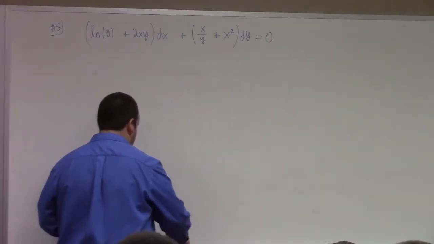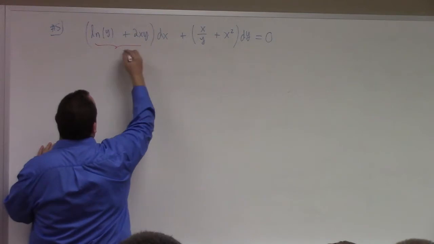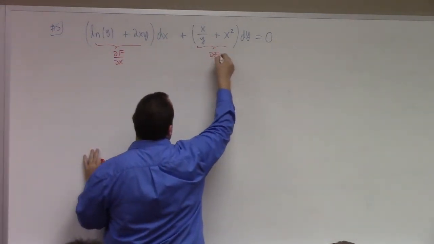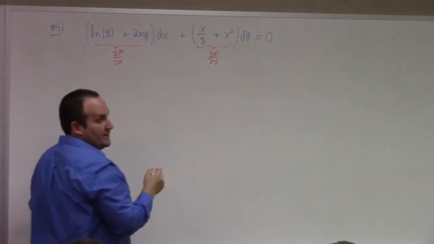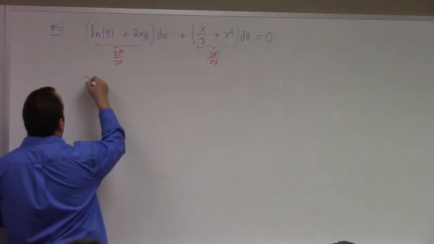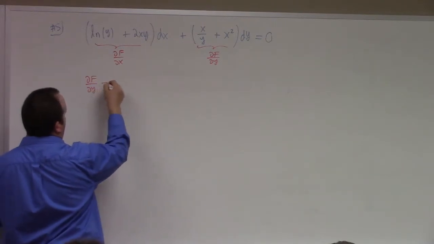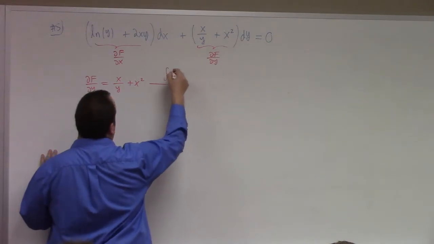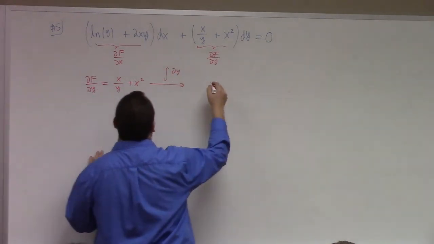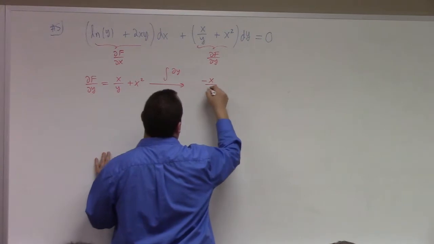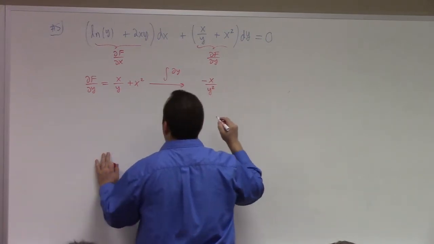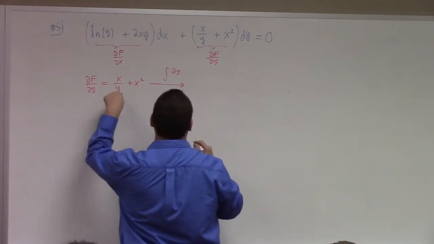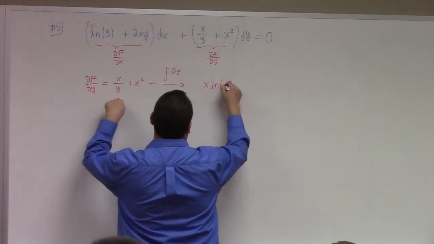Okay, so same song and dance. This is going to be partial f, partial x. This is going to be partial f, partial y. I think that we should try partial f, partial y first. Integrate this with respect to y. What do we get? What's the integral of 1 over y? x ln of y, right?